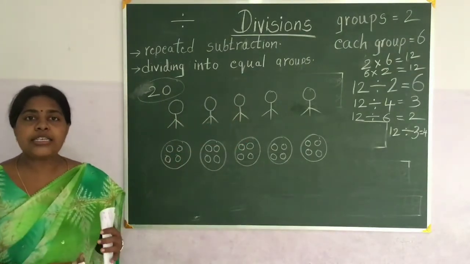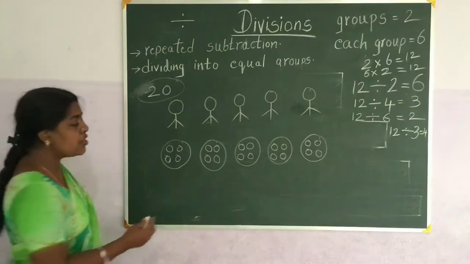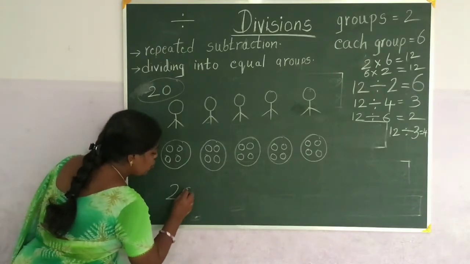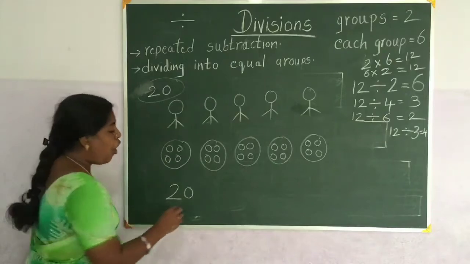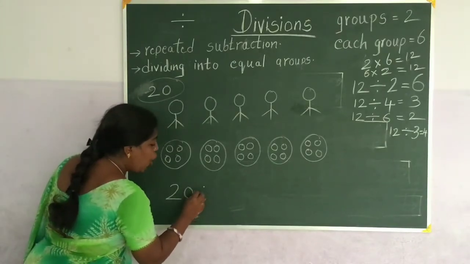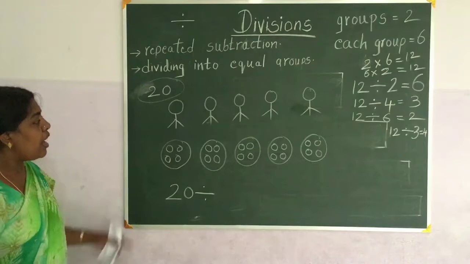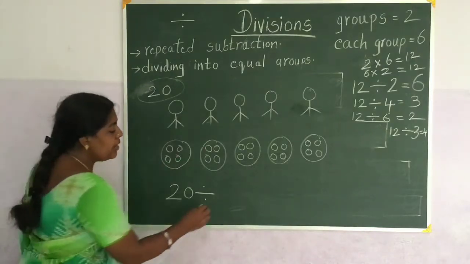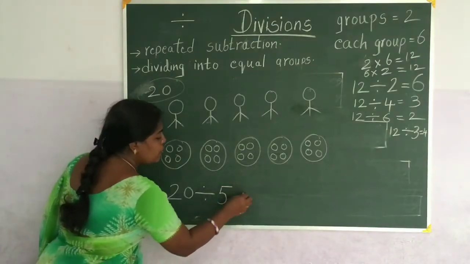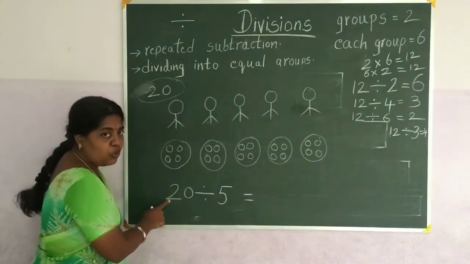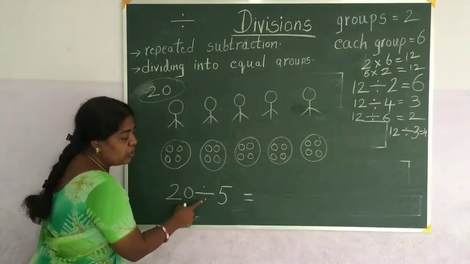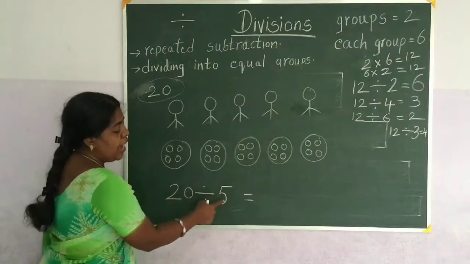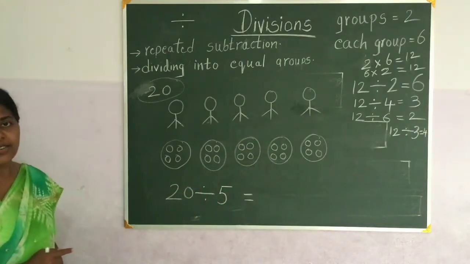So how can you write it in the form of statement? 20 laddus are divided or distributed among 5 children. So 20 laddus are distributed equally among 5 students.